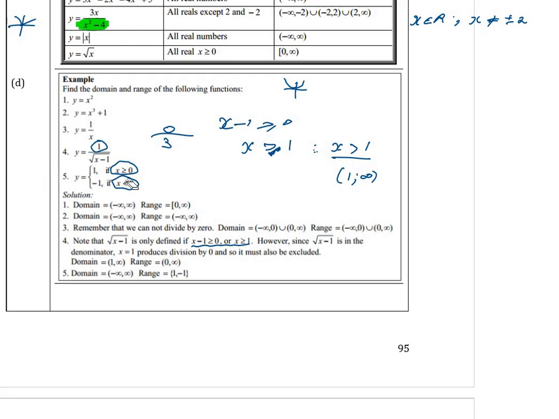Okay, what about the range? What about my answers? Well, it looks like I can only give you 2 answers, 1 or -1, because y can be 1 or y can be -1. It can be nothing else. So therefore, the range is just going to be 1 and -1.